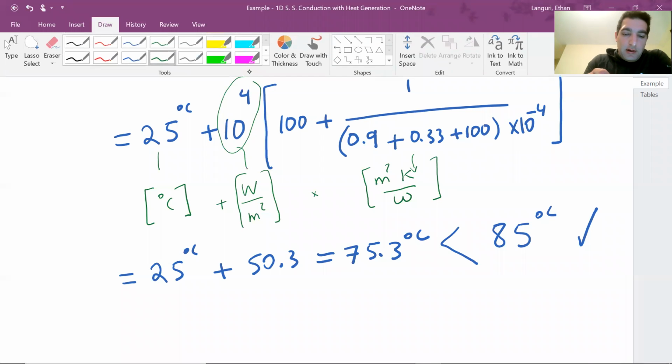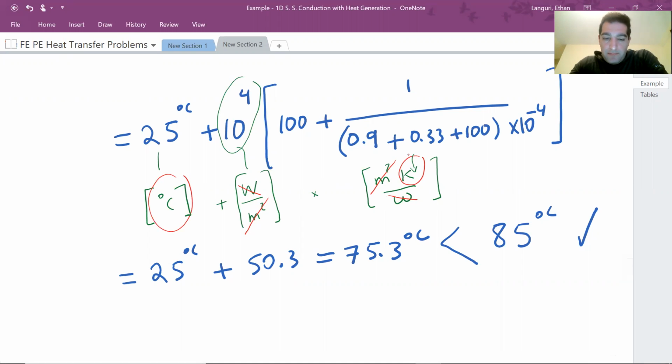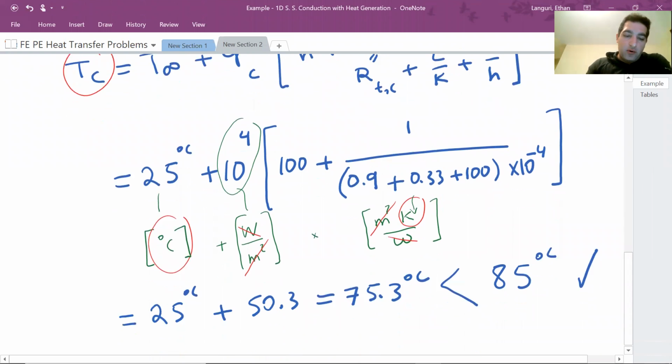Now we can cancel out to double check our work. Meter square cancels out, watt to watt cancels out. So I have degree C and Kelvin, which again, in terms of differences, are the same unit. So we are fine in terms of unit. Exactly, I have TC in terms of temperature as well.